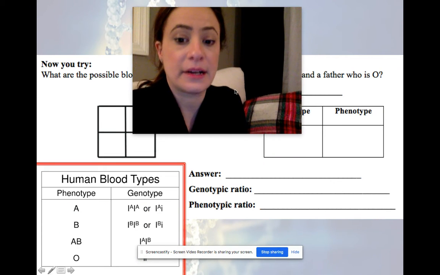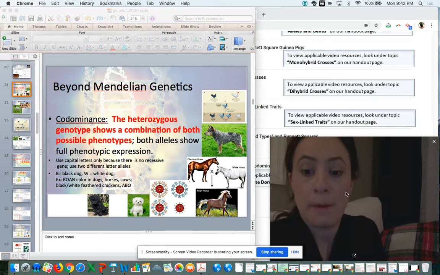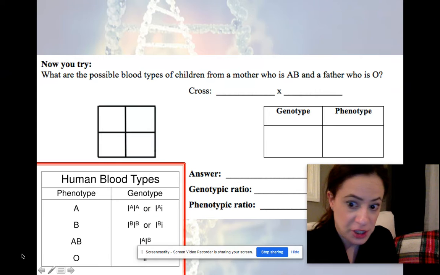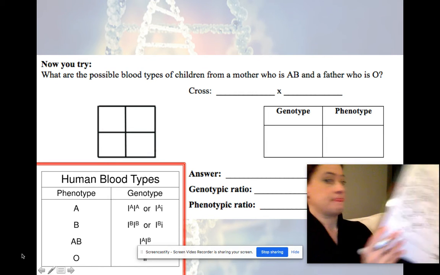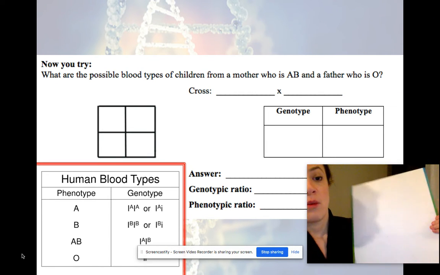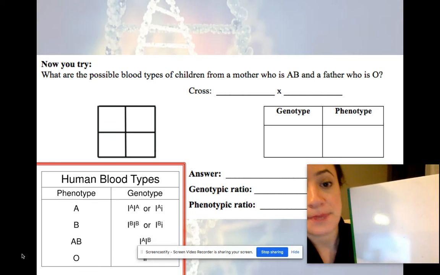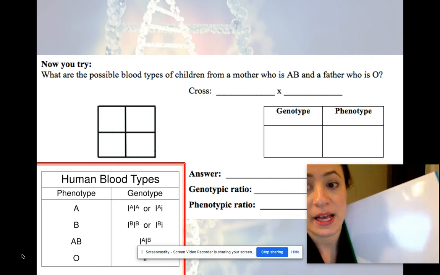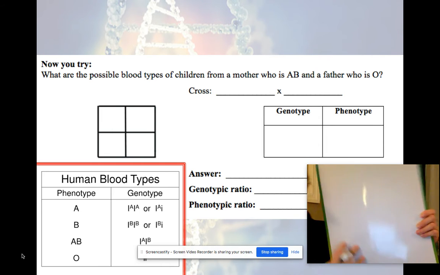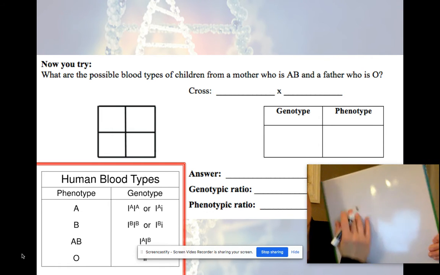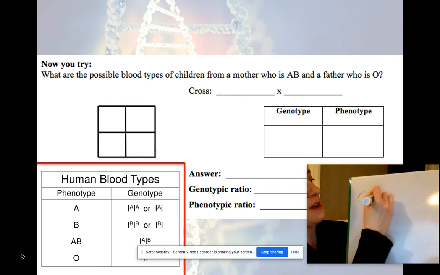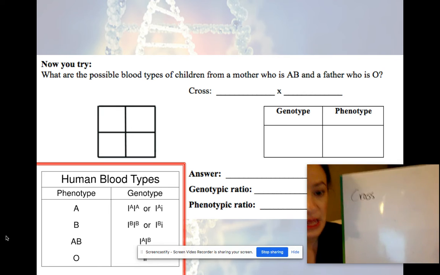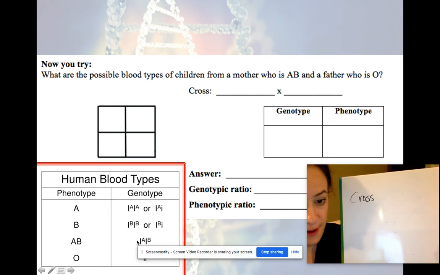And then here is an example problem. So I put the genotypes here. Now, what are the possible blood types of children from a mother who is AB and a father who is O? So first of all, here is the cross. So if we want to cross a mother who is AB, here is the genotype for AB.